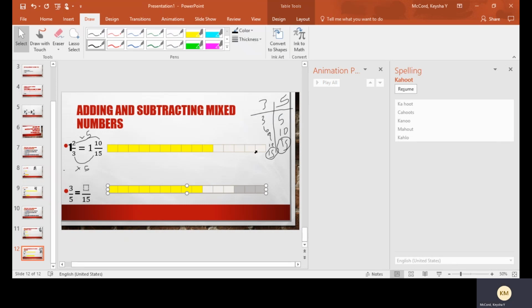Voila! Okay, so I have 15 pieces now, and I can even count how many pieces are shaded.